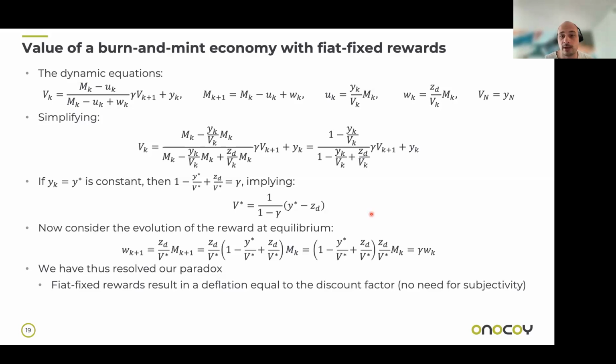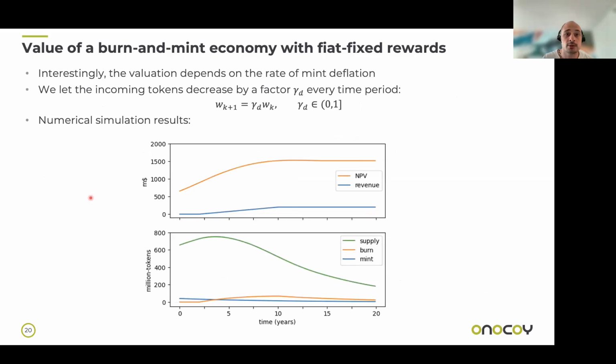And that's what we do, and it seems to be the right thing to do, based on how I've set up these arguments during this talk. So anyway, the value of the Burnham Mint economy with fiat fixed rewards is going to be lower, right? That's what we said, but it's also going to be stable.